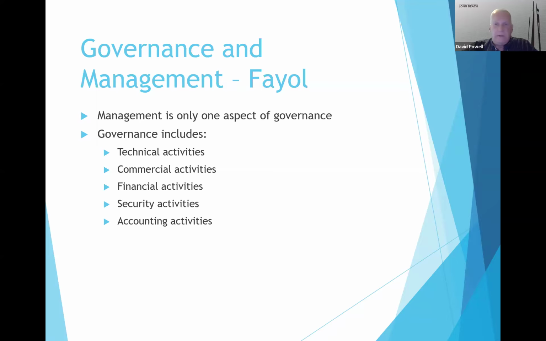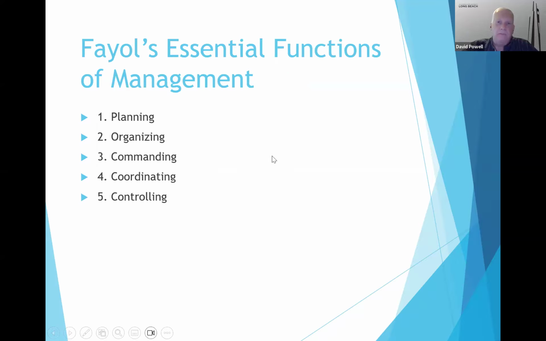So governance is the overall concept. And then within governance, we engage in management activities, technical activities, commercial activities, financial activities, security activities, and accounting activities. So I like the way in which FAIL postulates to us that it goes beyond just management and goes to the actual overall governance of the organization.